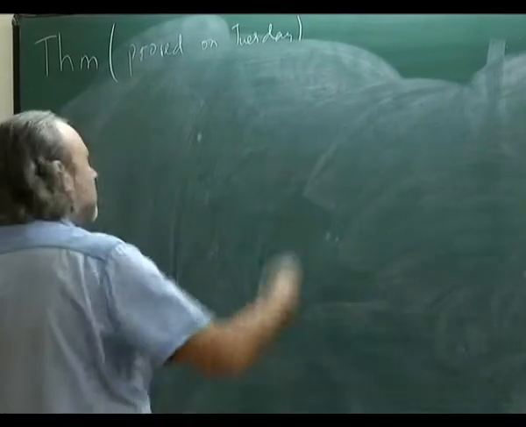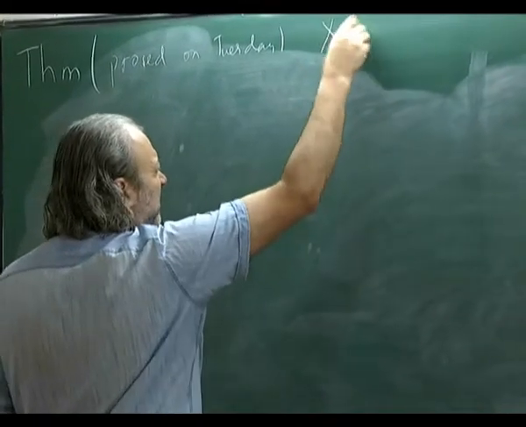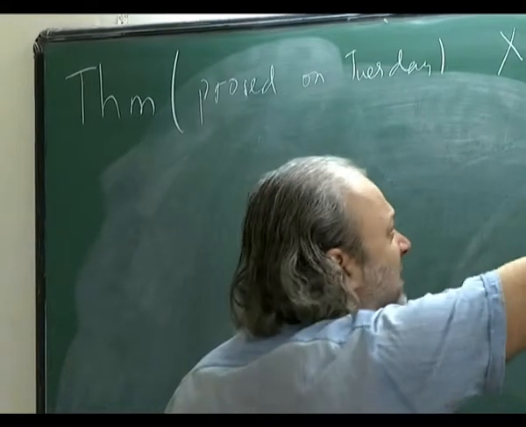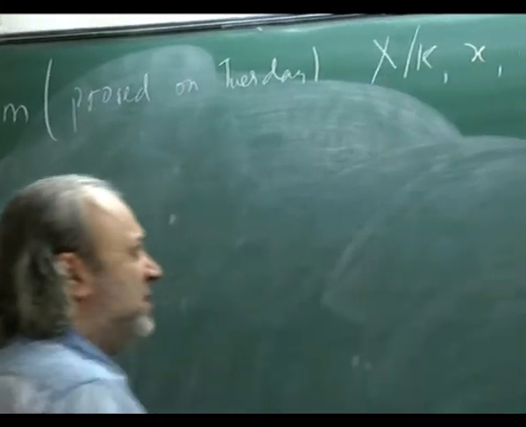So we have X over a number field K, little x, and set S we don't need.